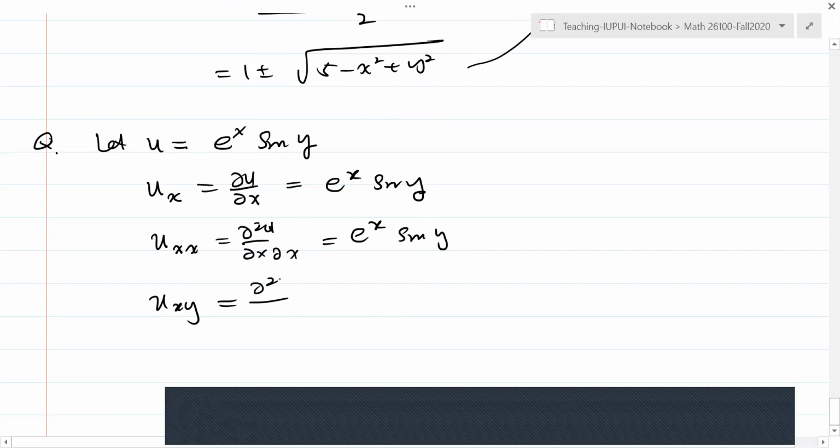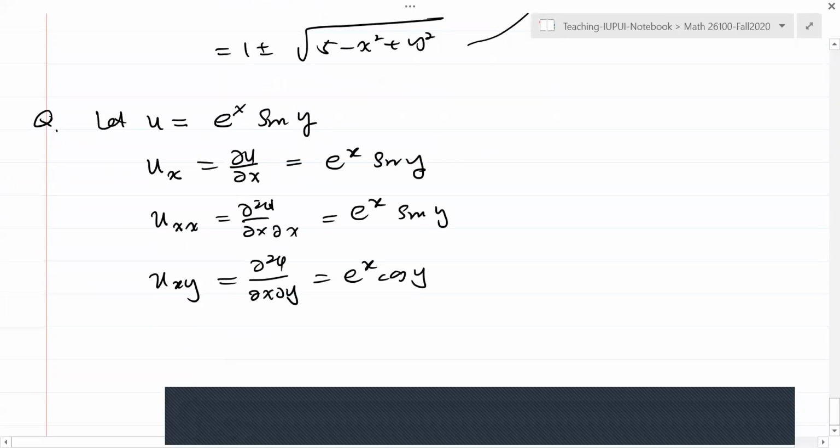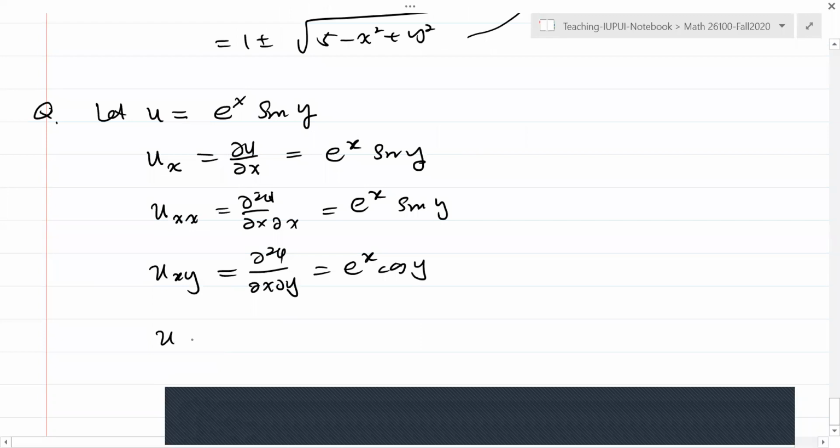That will be the partial derivative with respect to x, and with respect to y, I get e to the x cosine y. Then I find the partial derivative with respect to the y variable. I get e to the x cosine y.